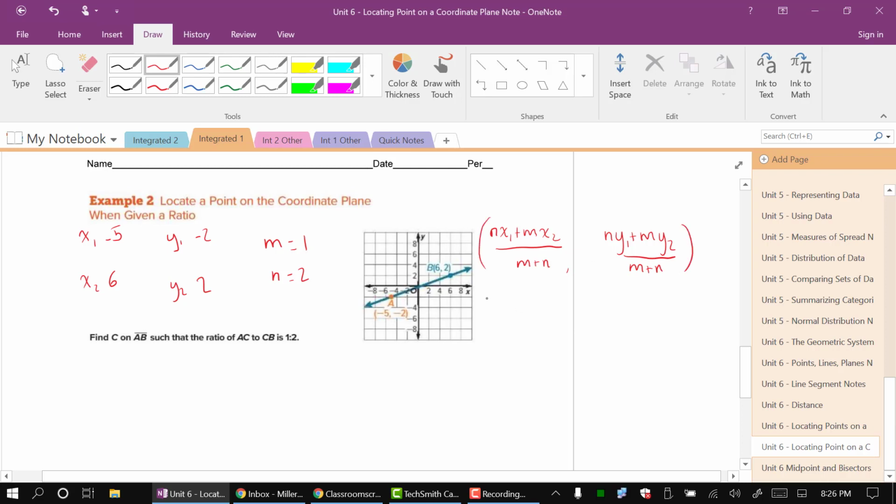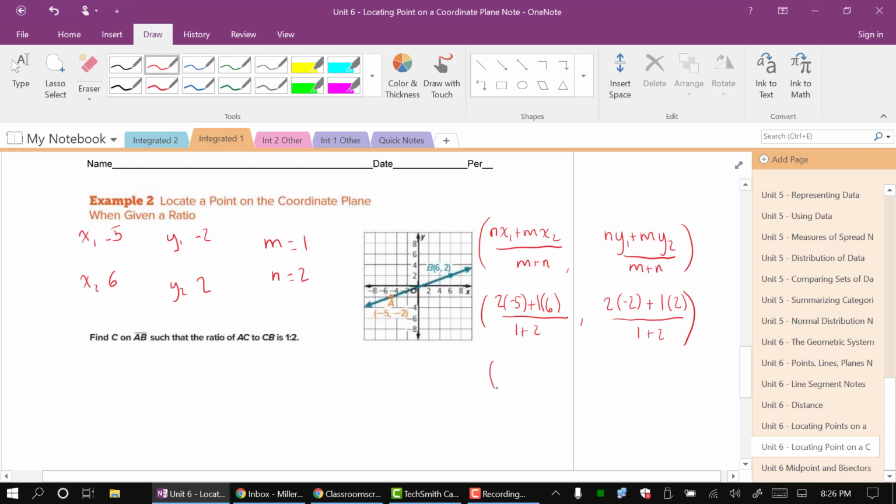Plug in. It's 2 times -5 plus 1 times 6 over 1 plus 2. 2 times -2 plus 1 times 2 over 1 plus 2.